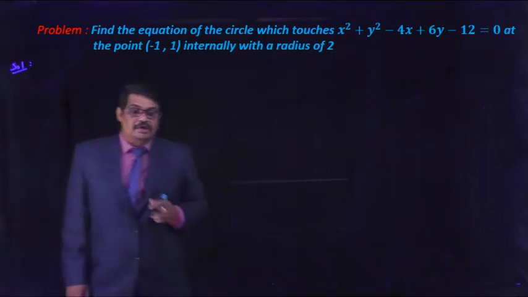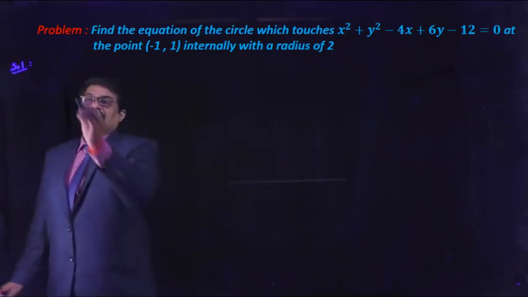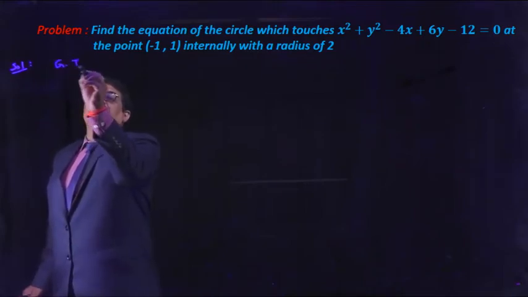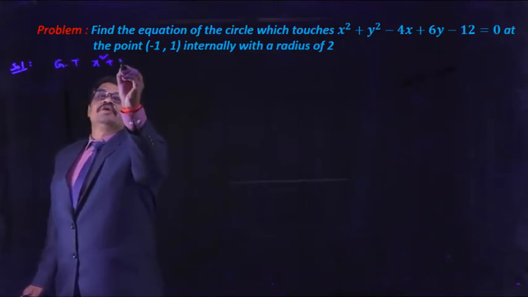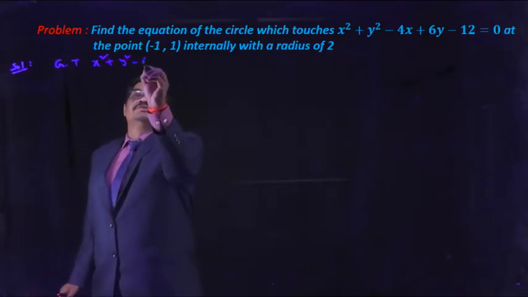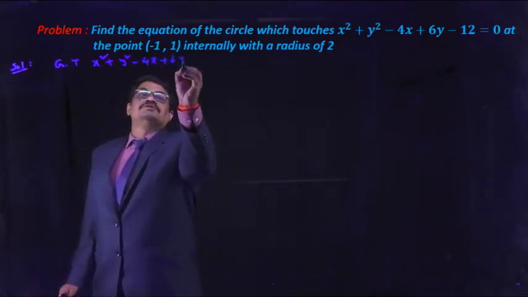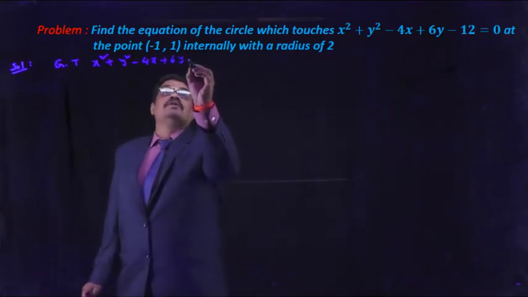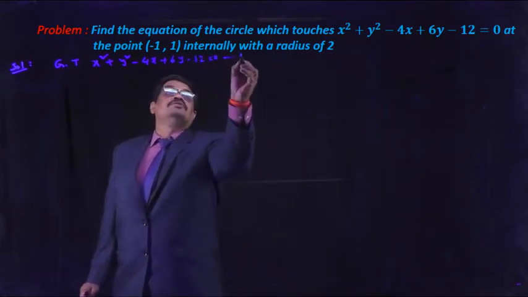Here, the given circle x square plus y square minus 4x plus 6y minus 12 is equal to 0.